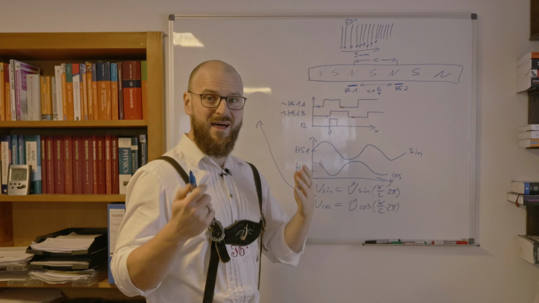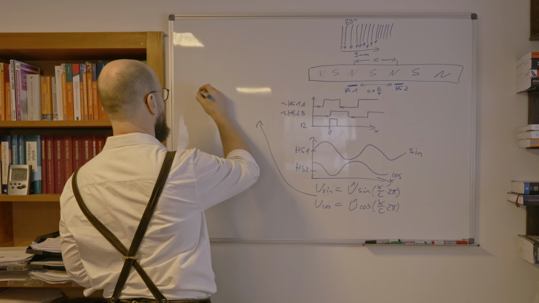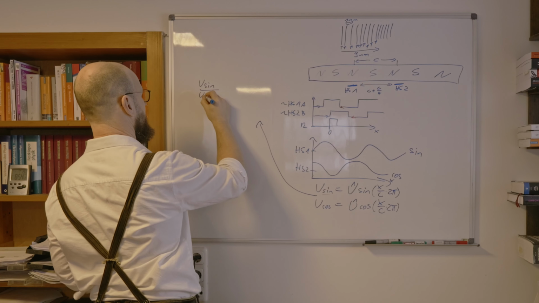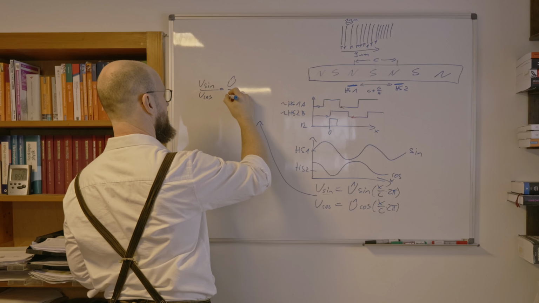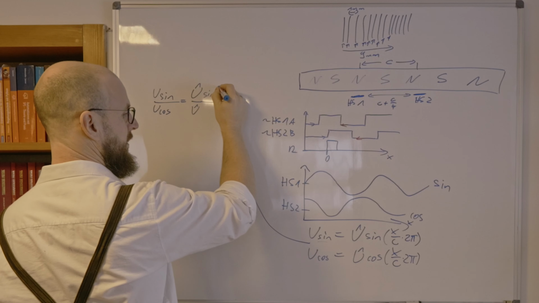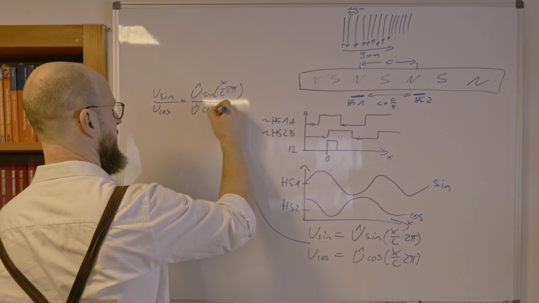We get a rough distance, but now, moreover, we can use that behavior for defining u sine over u cosine, which equals the amplitudes times the sine of the signal over the cosine of the signal.